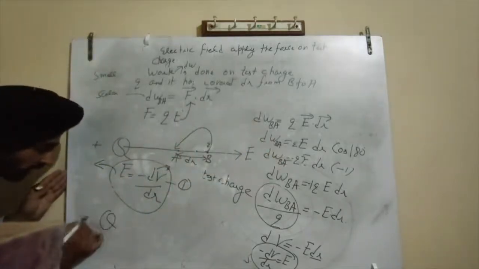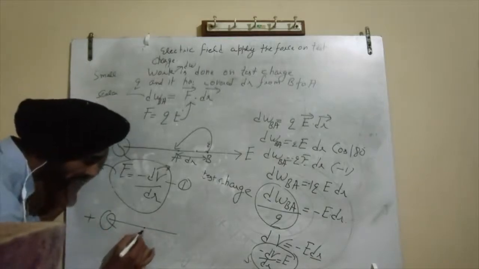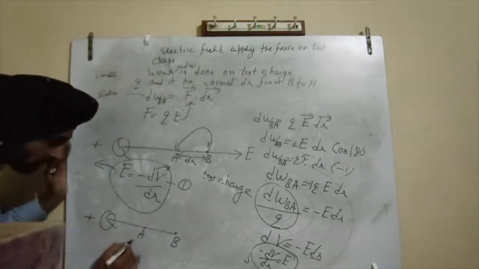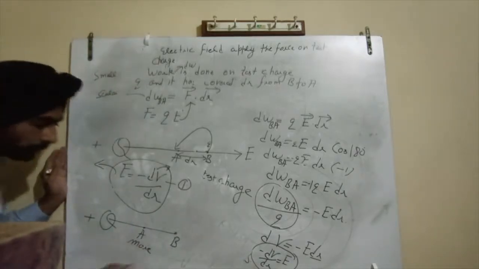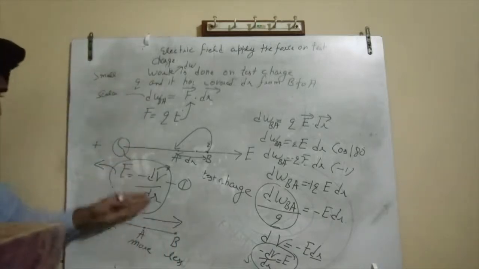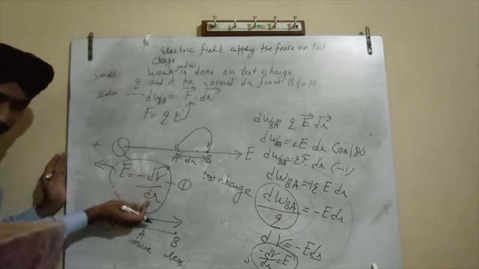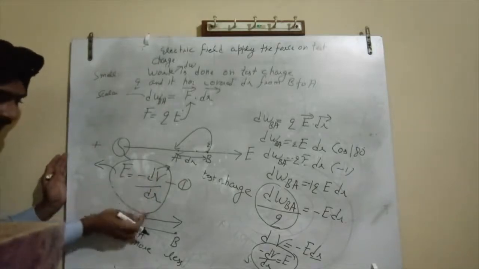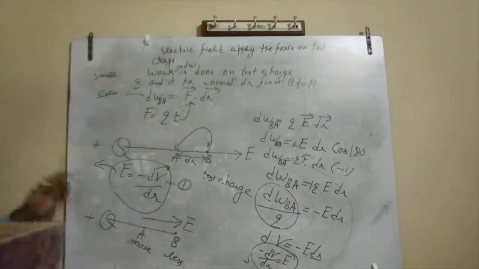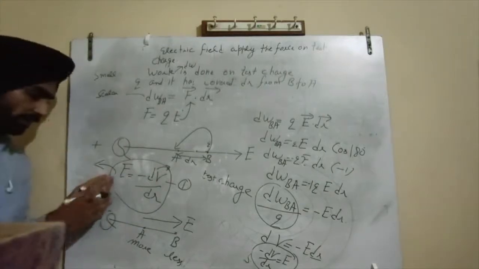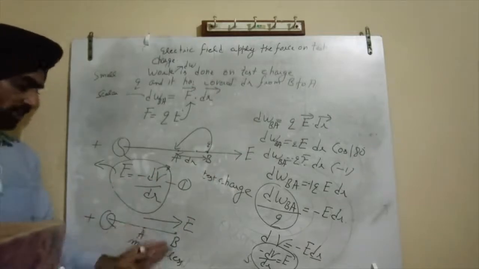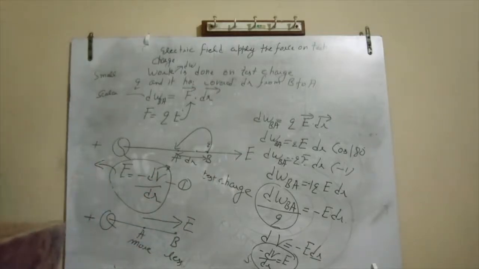Suppose a charge is at A and at B: A potential is more and B potential is less. Potential is decreasing with distance, so the electric field will act in that direction. So this is the first information.